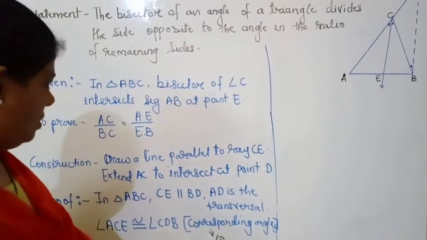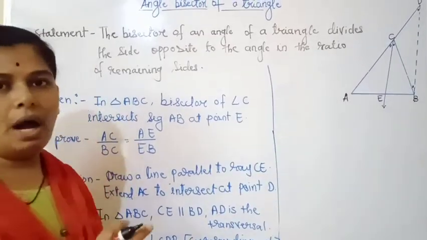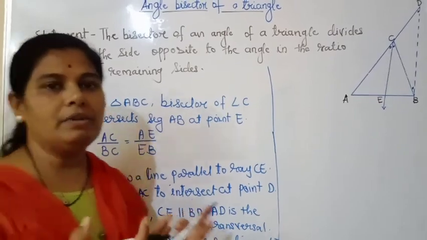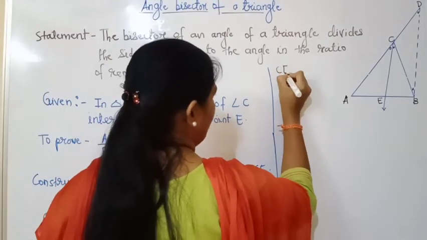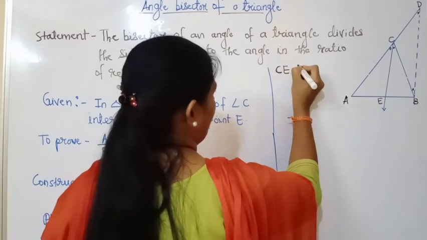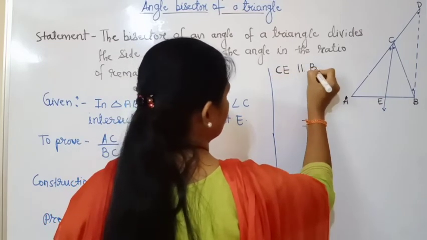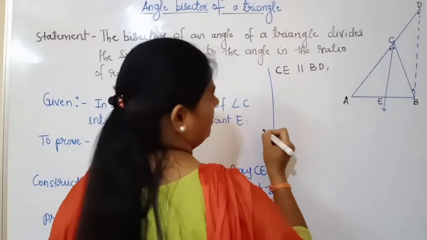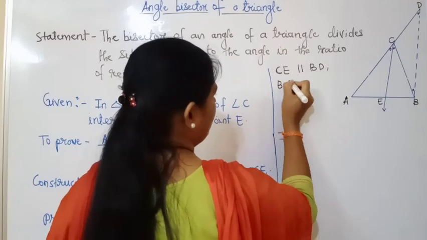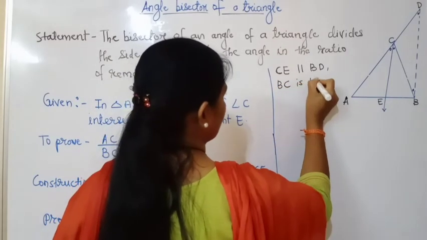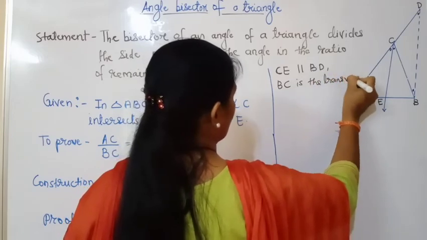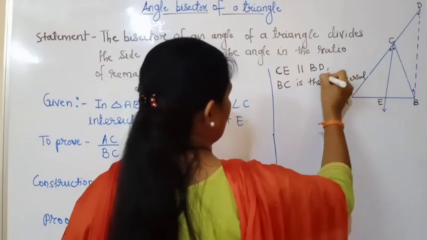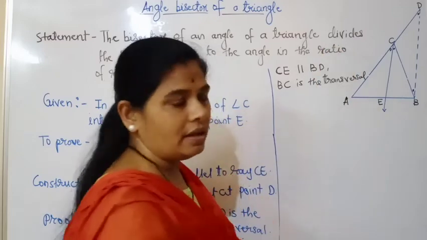Now again, the two parallel lines, and we'll change the transversal. Which are those parallel lines? CE is parallel to BD. And which is the transversal now? BC is the transversal. Now which angles are congruent?